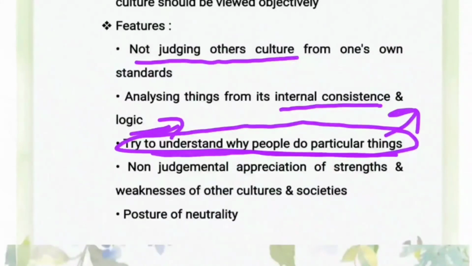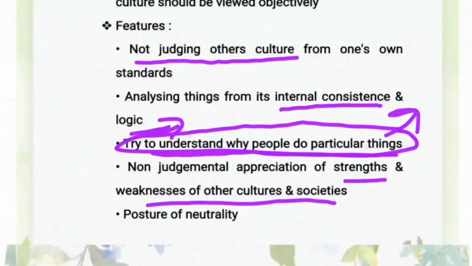Third is non-judgmental appreciation of strengths and weaknesses of other cultures and societies. For instance, certain societies have some strengths and there are some weaknesses as well. We need to be non-judgmental about it, whether we talk about a strength of a society or a weakness of a society. We should pose for neutrality.